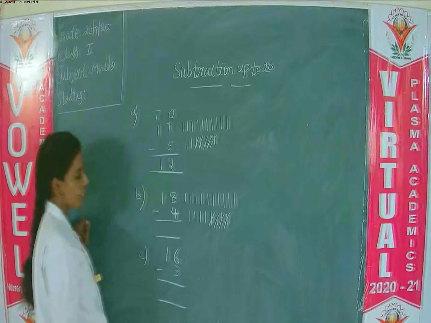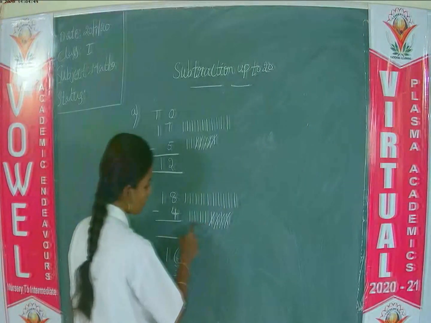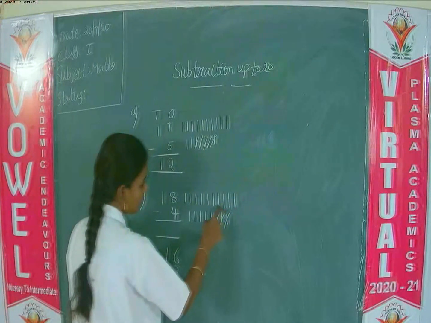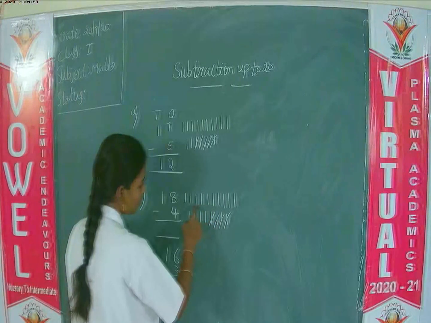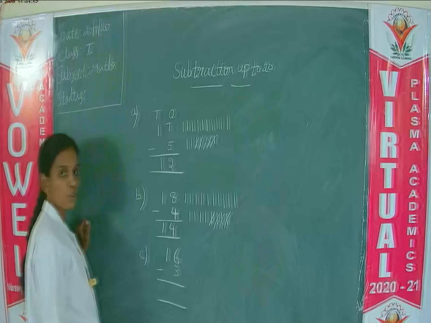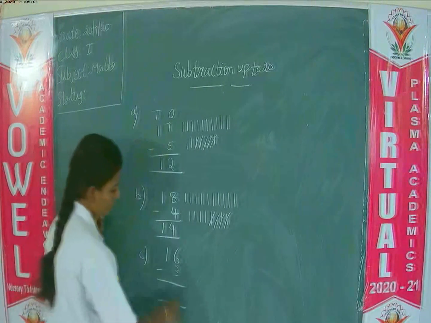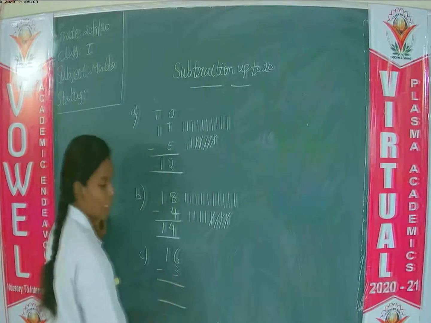After crossing 4, how many are left over? 1, 2, 3, 4, 5, 6, 7, 8, 9, 10, 11, 12, 13, 14. So 18 minus 4 is 14.